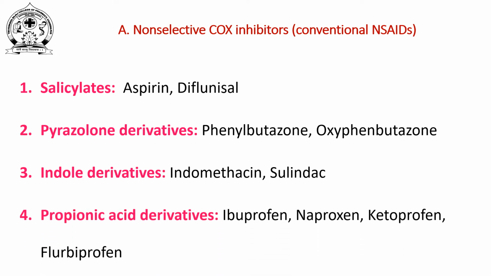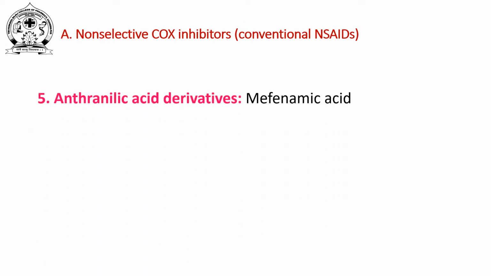The next class of conventional NSAIDs is propionic acid derivatives. These drugs have the propionic acid group, a 3-carbon carboxylic acid. Examples are ibuprofen, naproxen, ketoprofen and flurbiprofen. Next is anthranilic acid derivatives. Anthranilic acid is orthoaminobenzoic acid. The example drug is mefenamic acid.